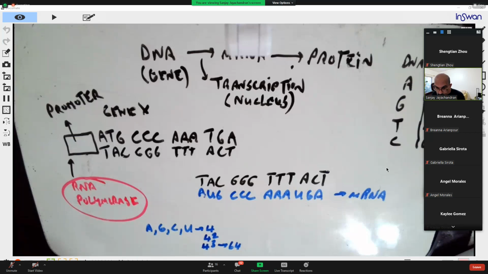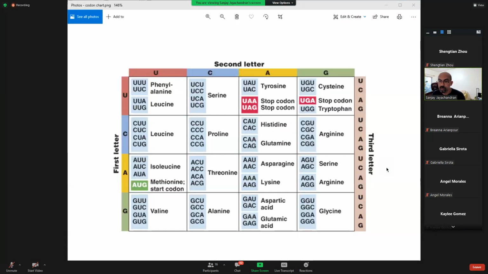Okay, so the chart they came up with is this over here. This is the chart of all the 64 3-letter codes. Now, since you have 20, at that time, 20 amino acids, 22 now, some amino acids like valine have more than one 3-letter code: 1, 2, 3, 4.